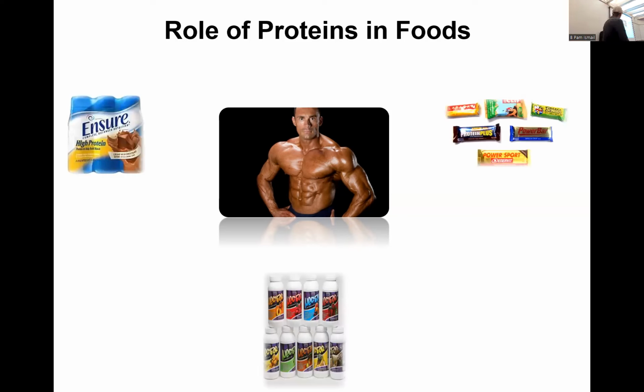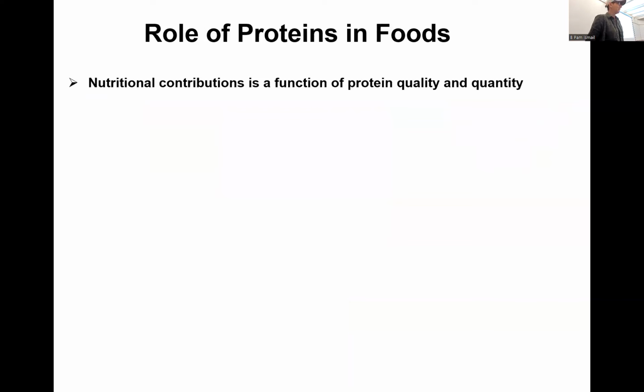So a lot of food products are there just to boost the protein intake, whether it is protein shakes, drinks, protein bars for these athletes. And sometimes just health-conscious individuals are going to go after a high protein meal to slow down aging, if that's even possible, right?